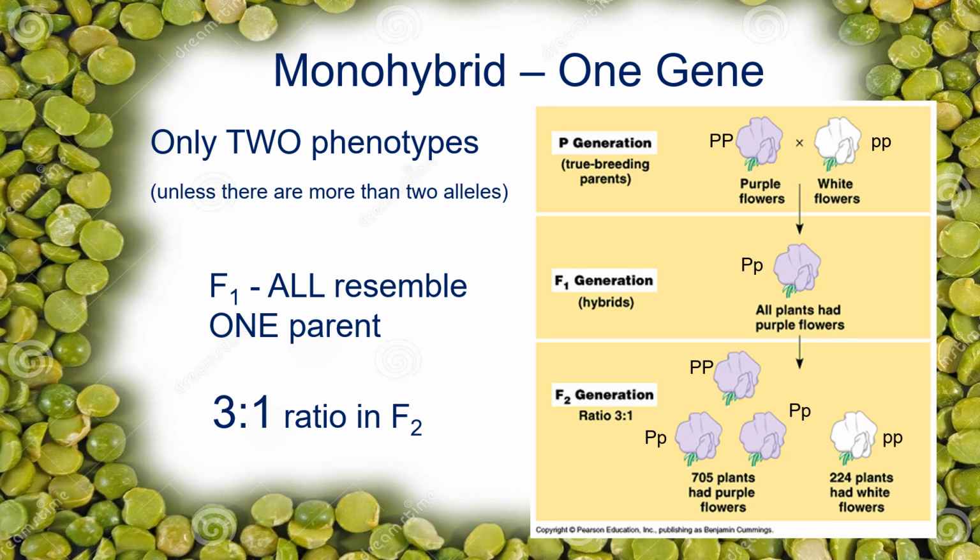We get a 3-to-1 ratio, 3 times as many purple plants as white plants. And the reason for that is that the purple flowers have an allele that is overriding the white allele. We only see the white color if we have two recessive alleles. So the purple is dominant.